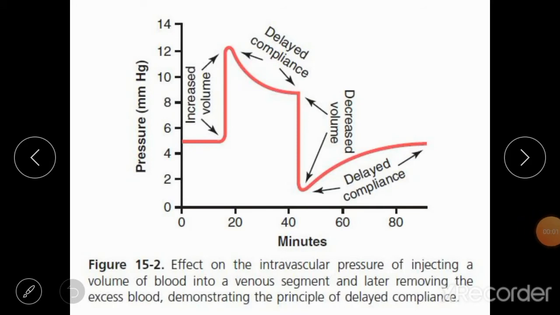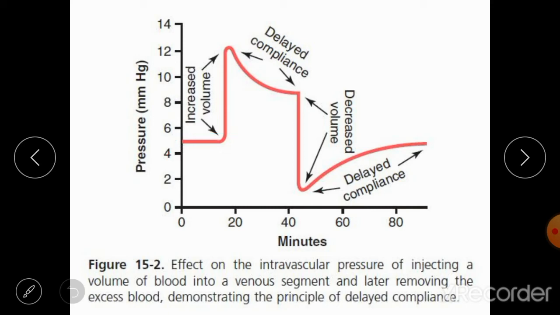Let's look at another example from your book. Suppose we have a vessel which is closed at both ends, and this vessel contains a certain amount of blood within its lumen, and the blood which is present in this vessel is exerting a specific pressure on the vessel wall, which is around 5 millimeter mercury.